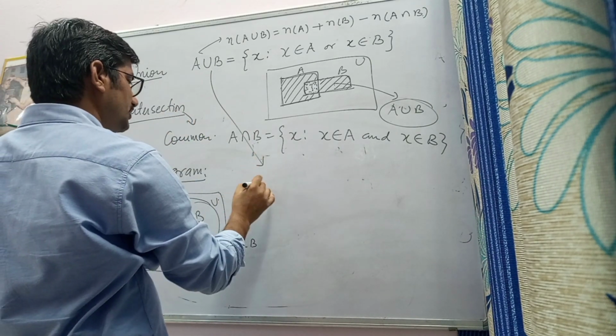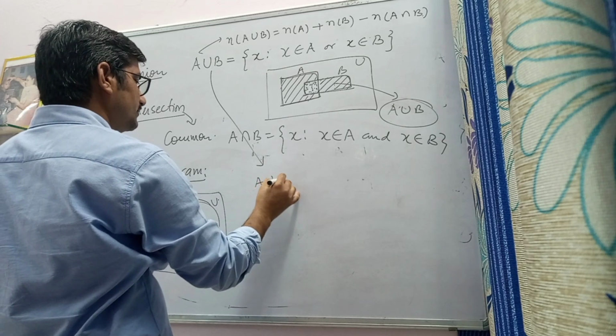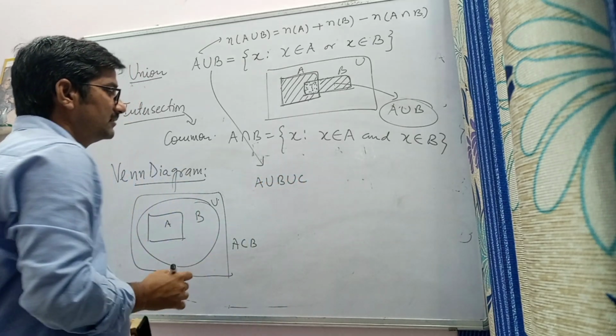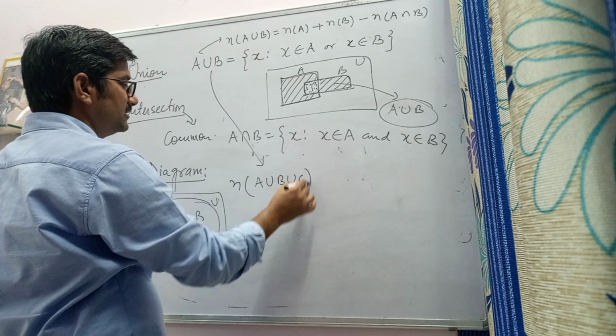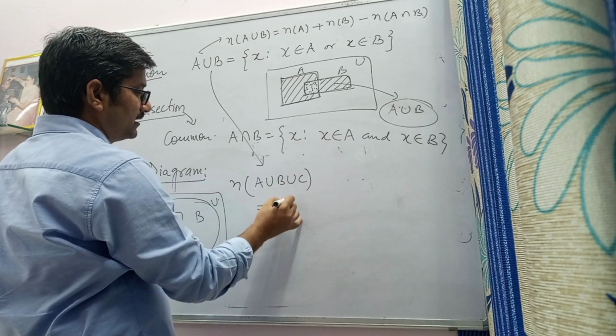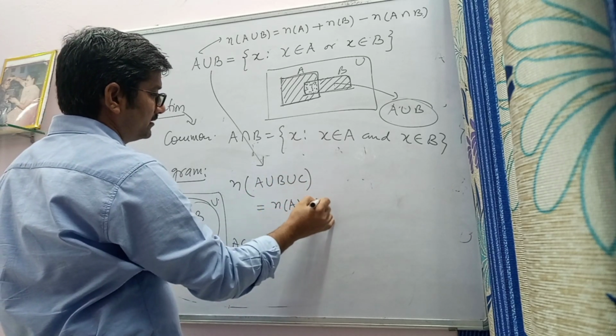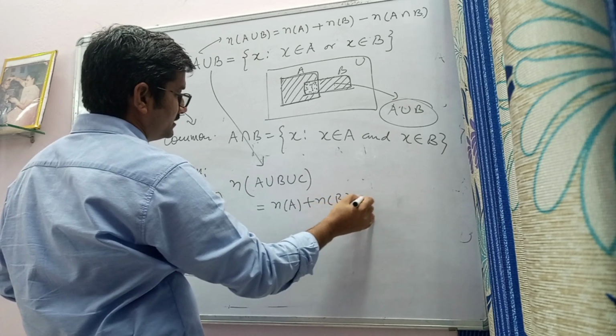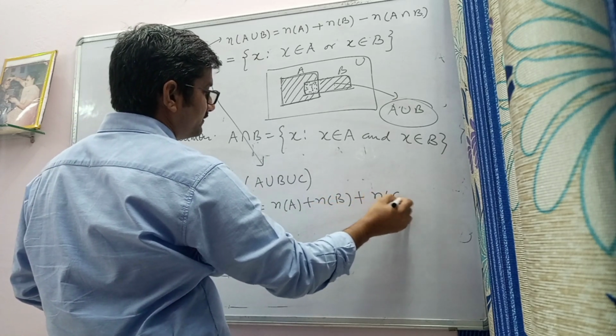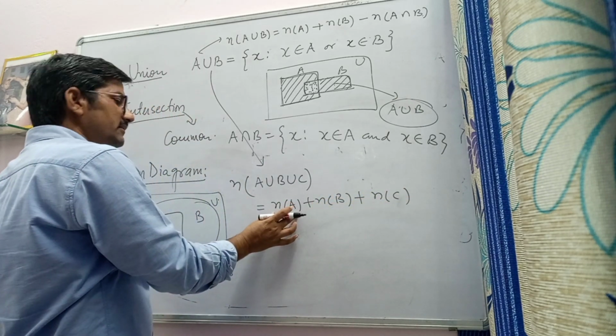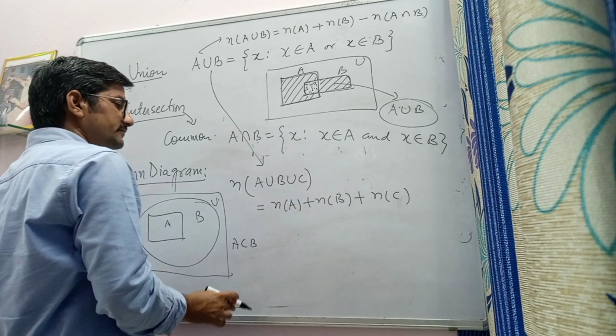Similarly, if you want to find the union of three sets, A union B union C, the number of elements can be written as the number of elements in A plus in B plus in C, the cardinality of these sets.